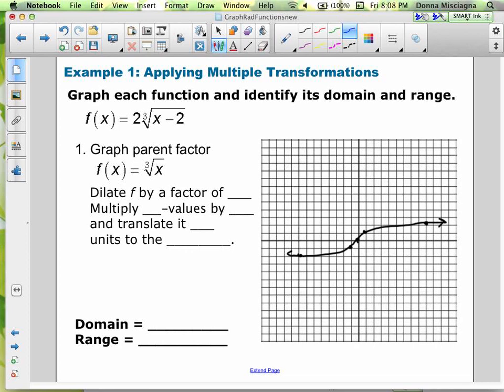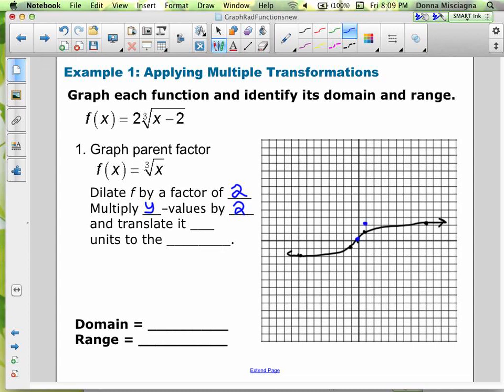All right, so let's see how we're going to transform it. We have a coefficient in front. We need to dilate our graph by a factor of 2. So we're going to multiply the y values by 2. Notice that we don't have to create a table of values. We're just going to make our y values twice as much. If you multiply 0 by 2, it's still 0. If you multiply 1 by 2, it's 2.